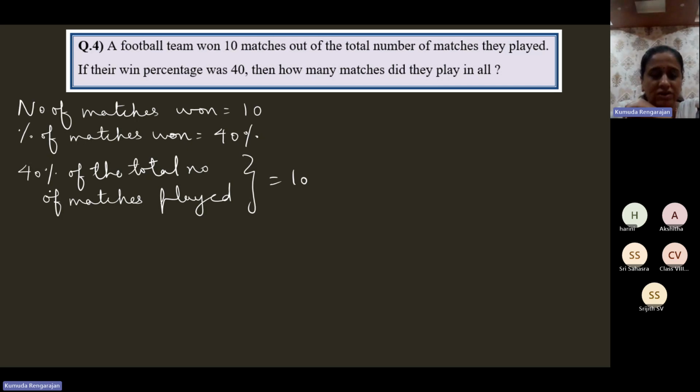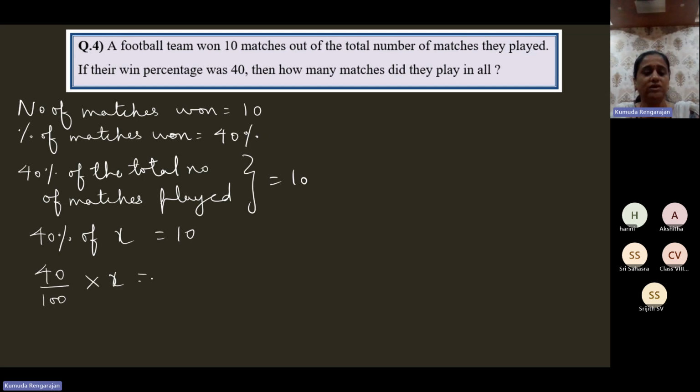40% is the percentage. The equivalent number is 10. So 40% is equal to 10. That's the equation. As a percentage, 40% won, and as a number, 10 matches won. So 40% of the total number of matches played, let that be x, is equal to 10. 40% means 40 by 100.